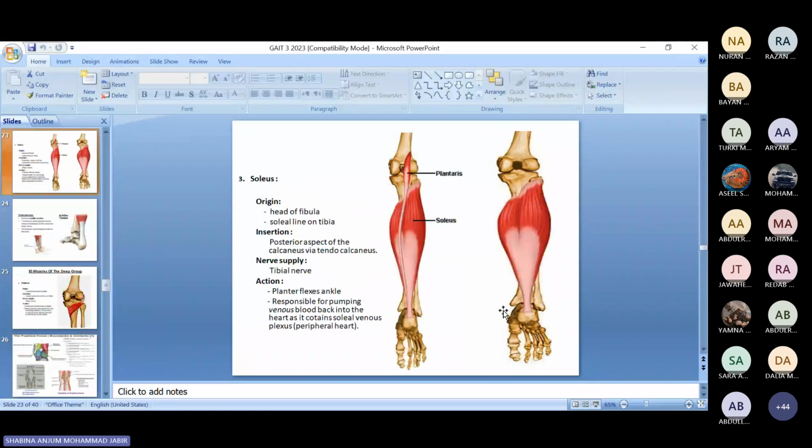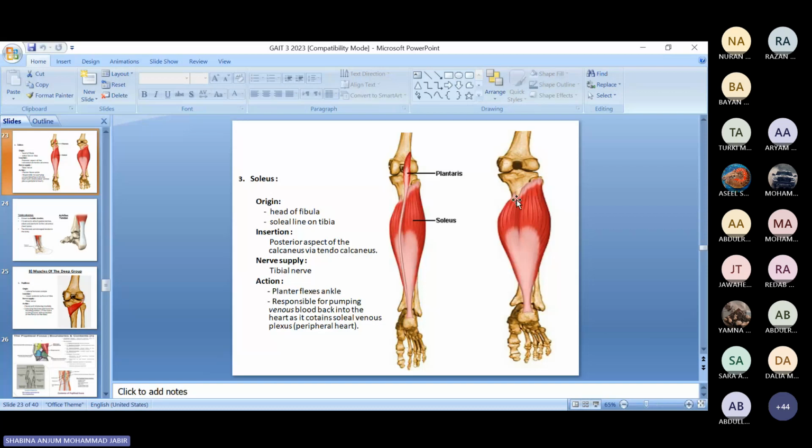Then we have another muscle called soleus. You can see this muscle only if you remove the gastrocnemius. If you remember, on the posterior surface of the tibia there was a soleal line. It takes origin from the soleal line and the head of the fibula.